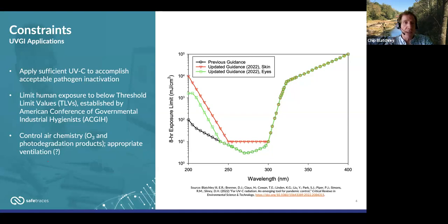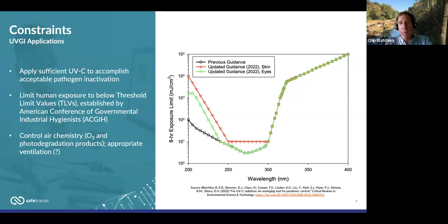The second constraint is that we want to limit human exposure, especially skin and eyes, to below the threshold limit values, which have been established and recently updated by the American Conference of Governmental Industrial Hygienists, or ACGIH. And their TLVs are presented as a function of wavelength in the graph on the right.